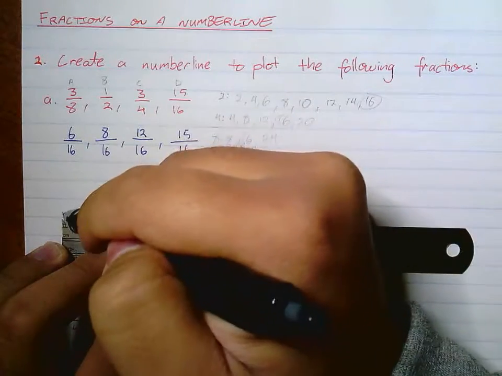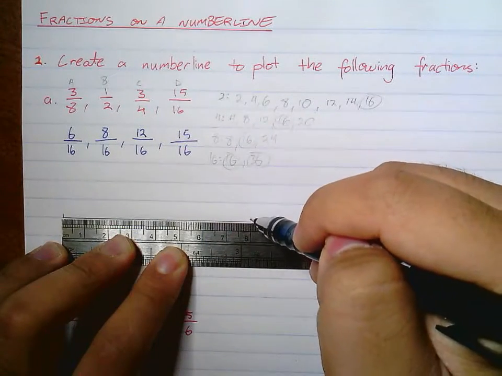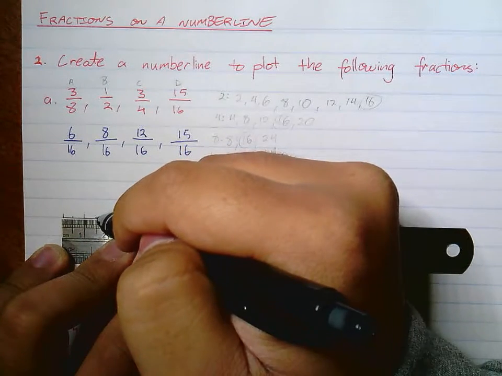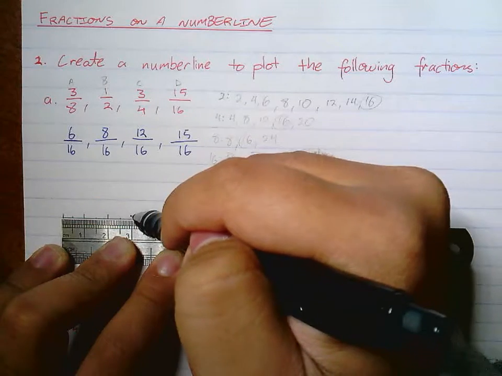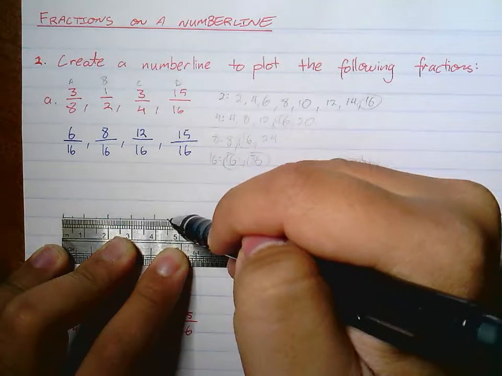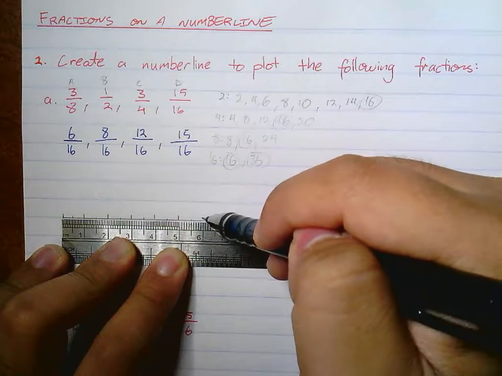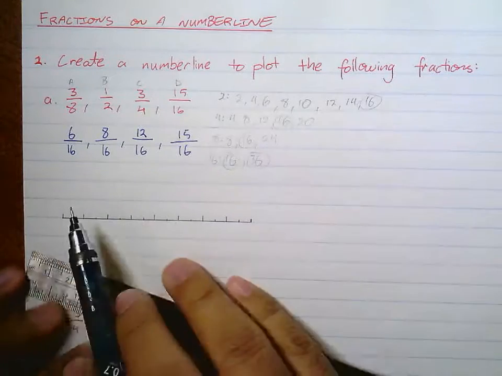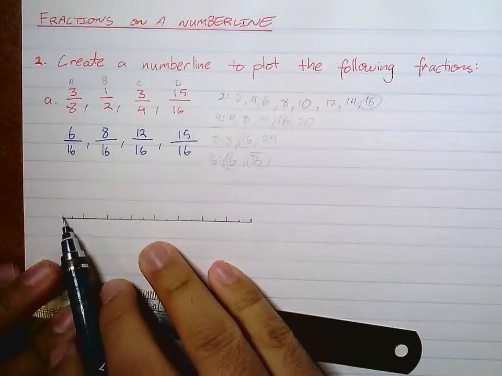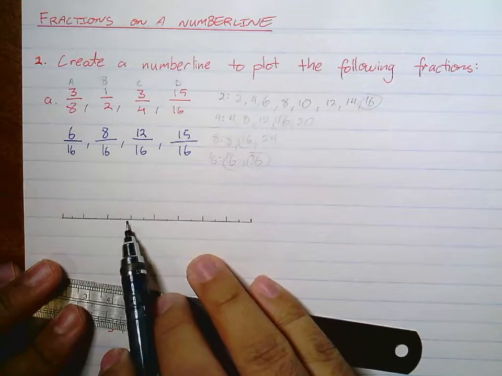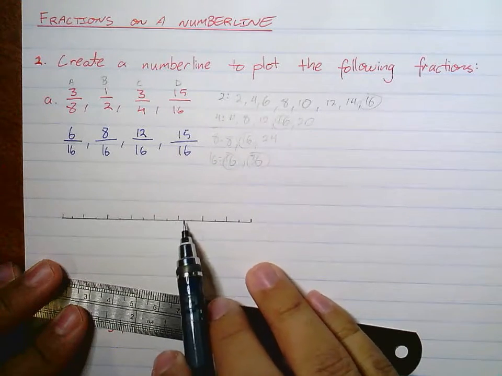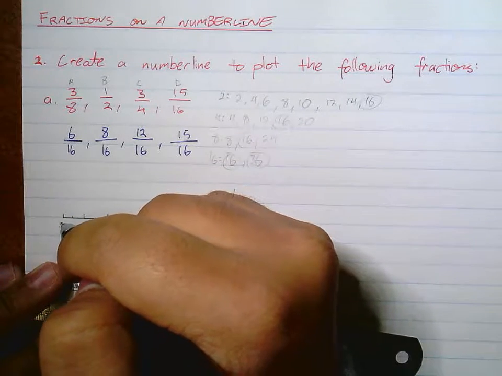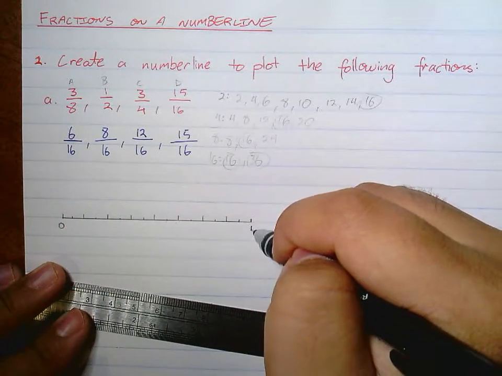So that is from 0 to 1, and every half centimeter I'm also going to utilize. There we are. If we count these, that is actually 16 intervals: 1, 2, 3, 4, 5, 6, 7, 8, 9, 10, 11, 12, 13, 14, 15, and 16. That goes from 0 to 1.